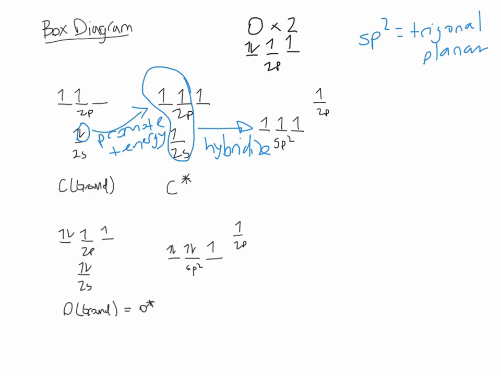So we're going to hybridize these 3 orbitals and bring it over here. And notice how there are 2 non-bonding orbitals and 2 bonding orbitals. And these 2 bonding orbitals are going to bond with the carbon.